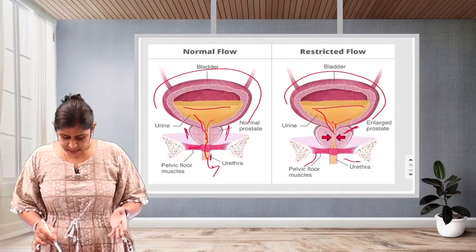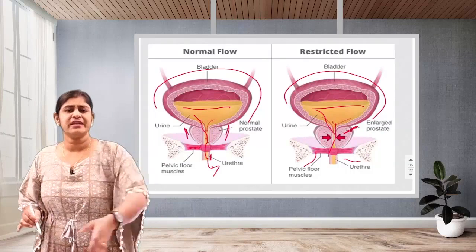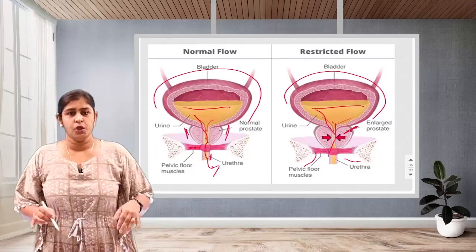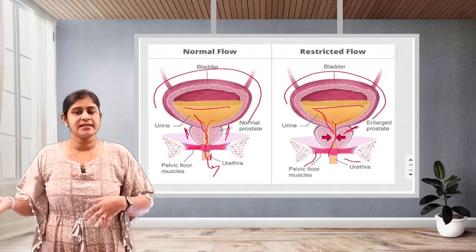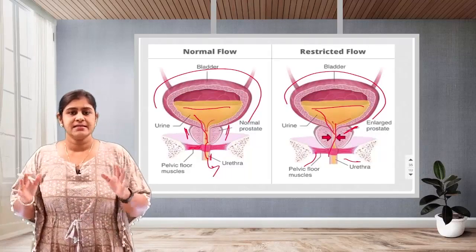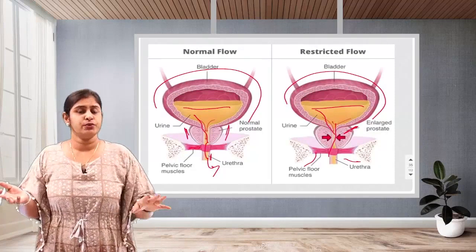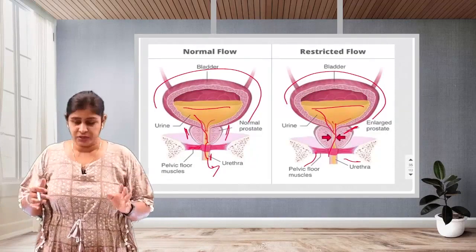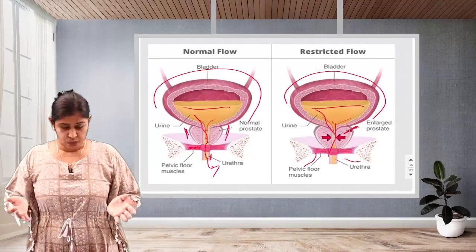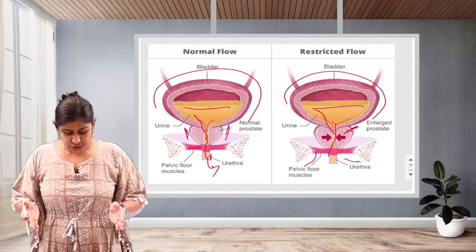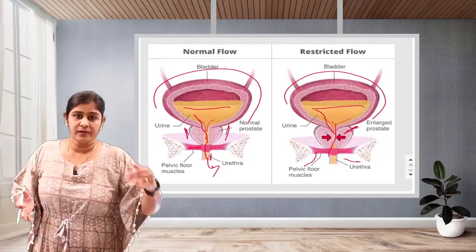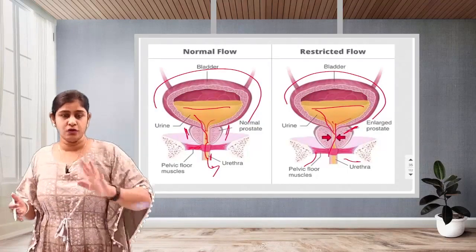As you can see, only a bit of urine is being excreted from the urethra. That is called restricted flow, that is, some problem or abnormality has occurred, and because of that the urine has been restricted. So, this diagram conveys how a normal flow process and a restricted flow process look.